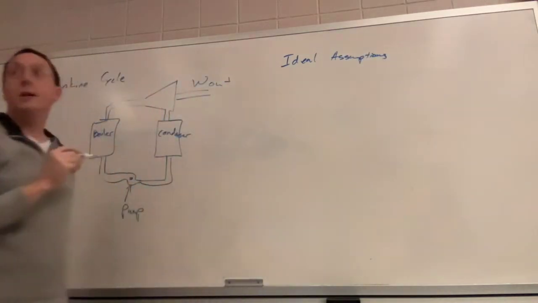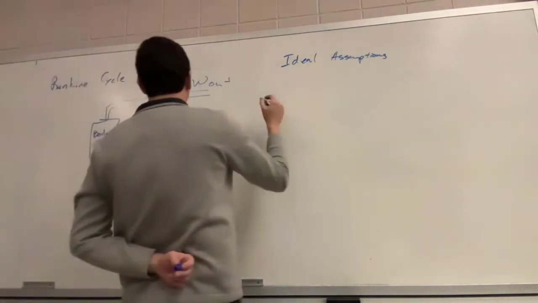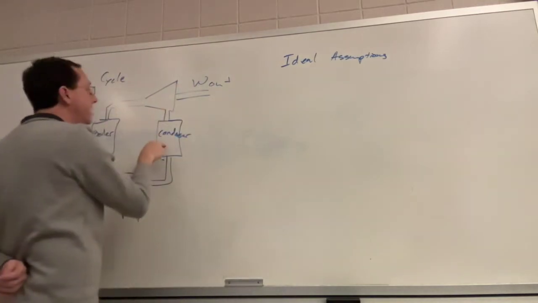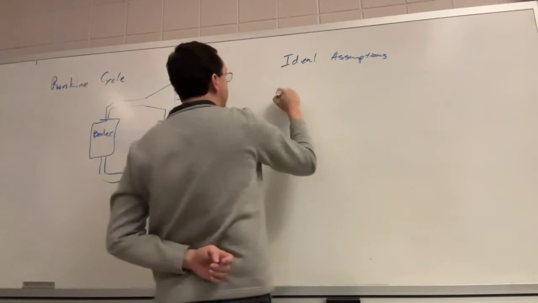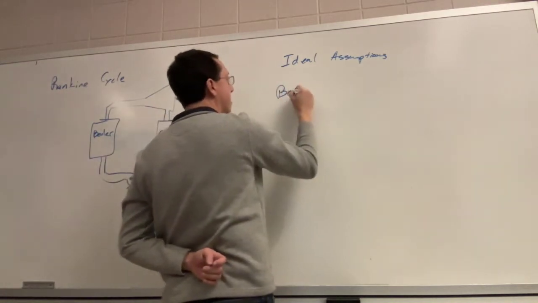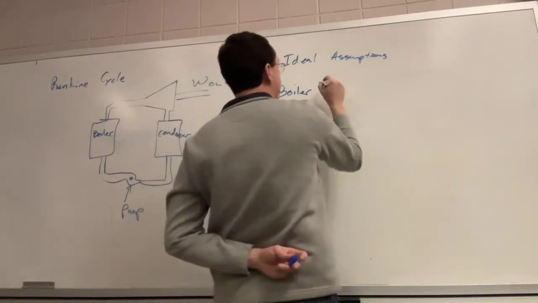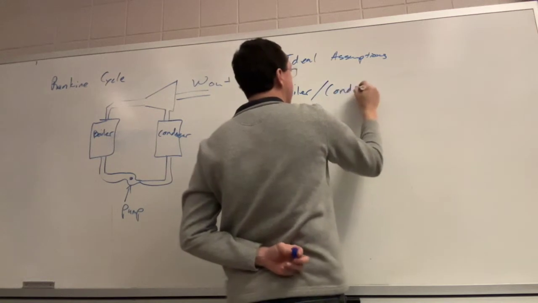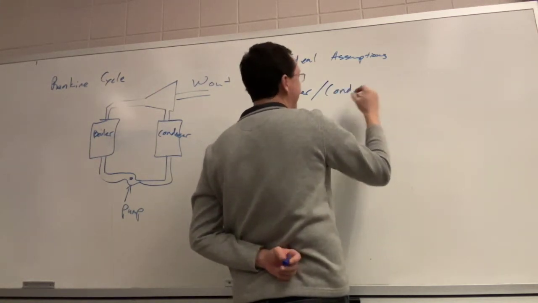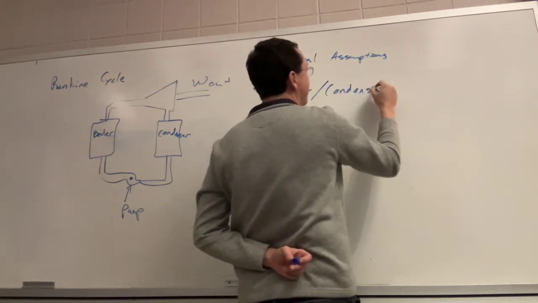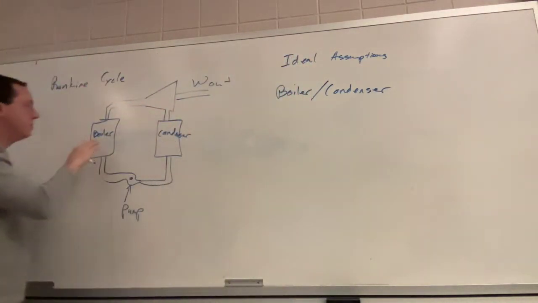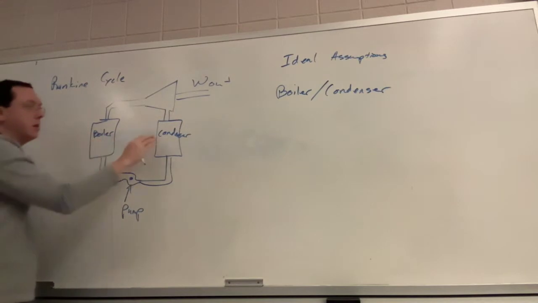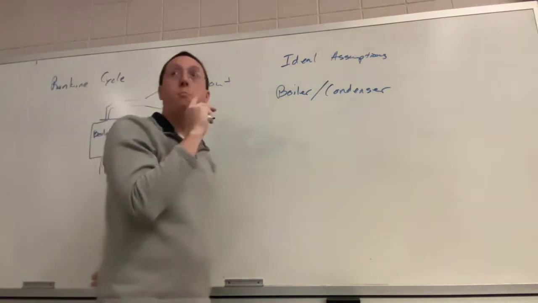Okay, you guys hear that? That's an important one. Wait, hold on. Boiler and condenser, what's the standard assumption? No. Nope. It has to be iso-something. Okay. The standard assumption for boilers and condensers is that there's no pressure drop.